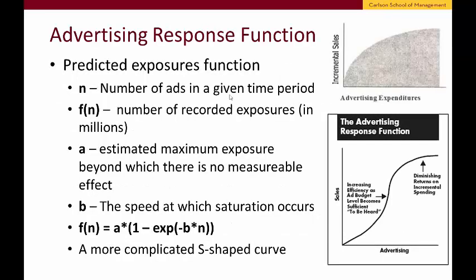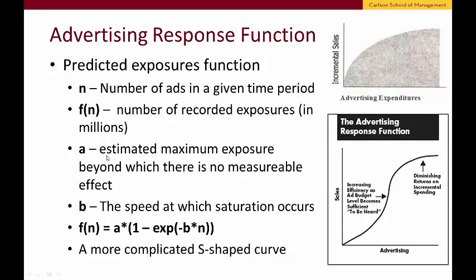Okay, so the simplest response function is a concave curve right here, shown in the top right corner of the slide, and has a format of f of n equals a times 1 minus exp of negative b times n, where n is the number of ads in a given time period.